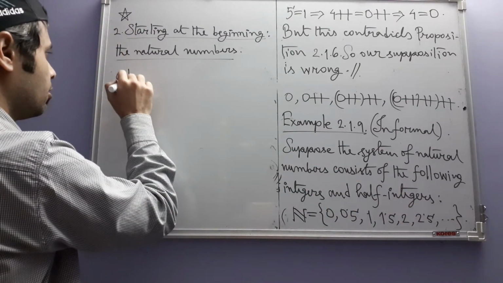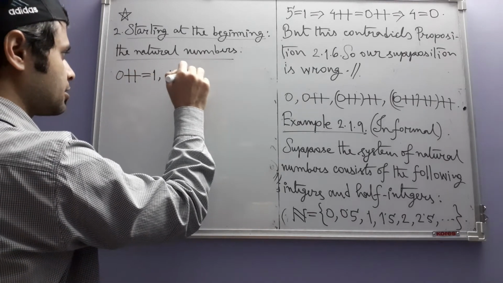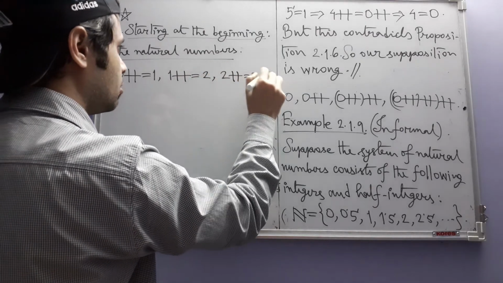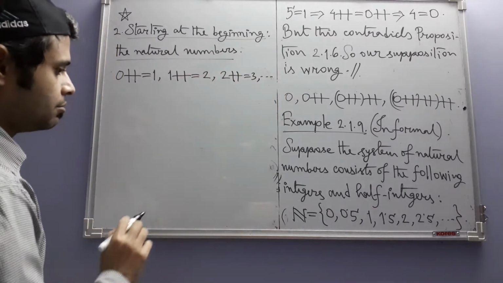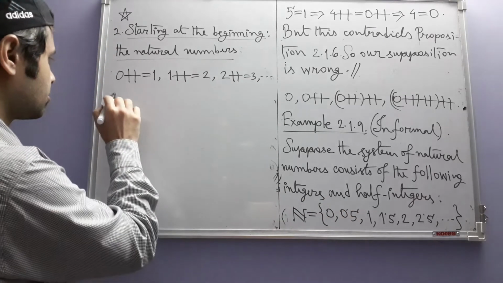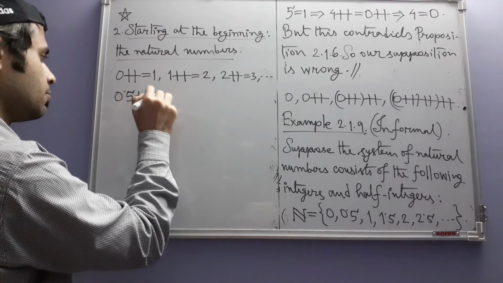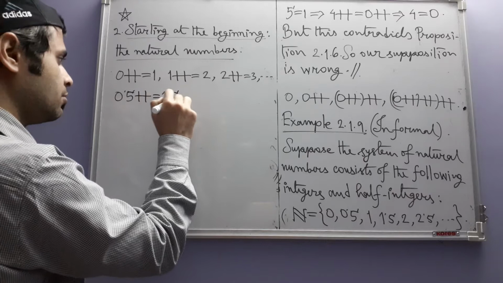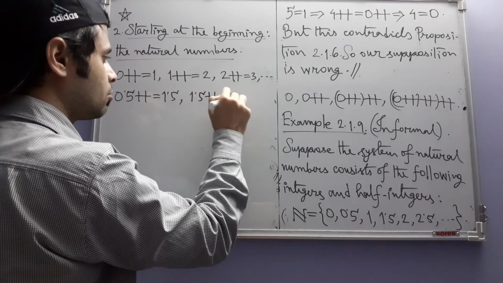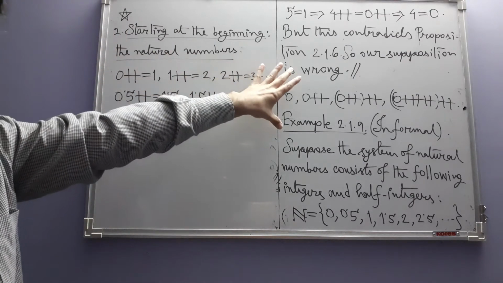It's usual. 0 plus plus is 1, successor of 1 is 2, successor of 2 is 3, etc. But at the same time, now I have some additional problematic elements and they have successors too. This is 1.5, 2.5, etc. That's how the successor function behaves.